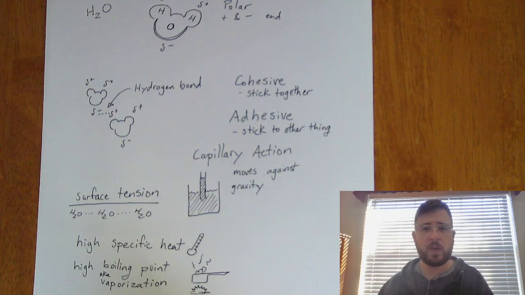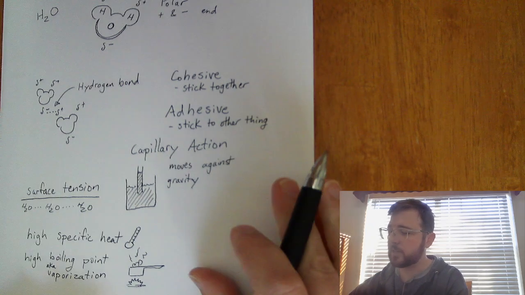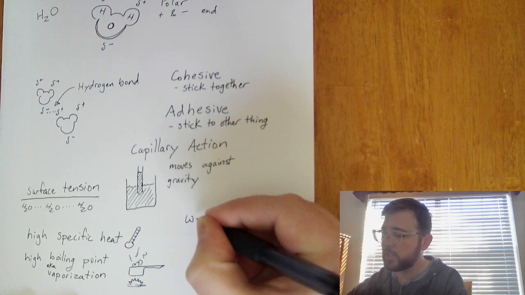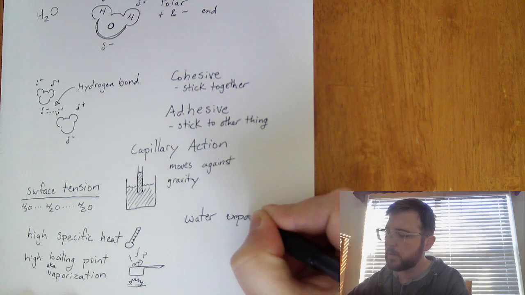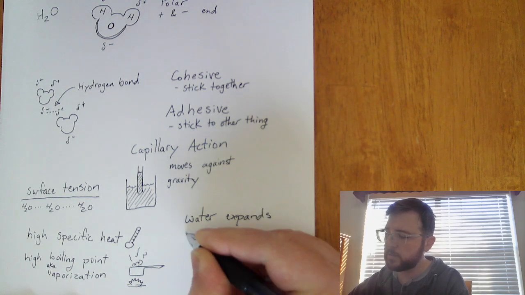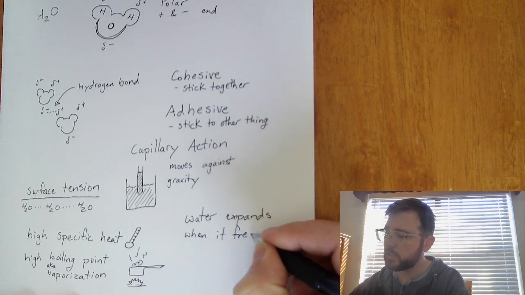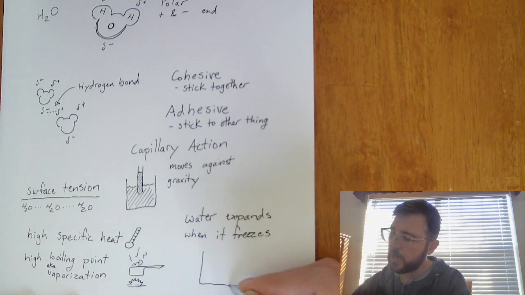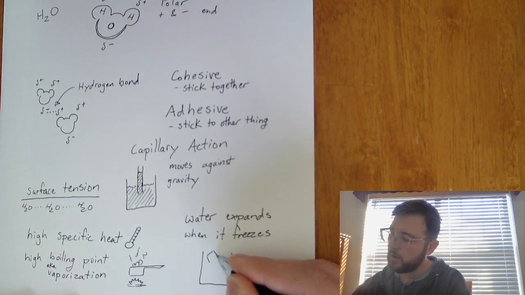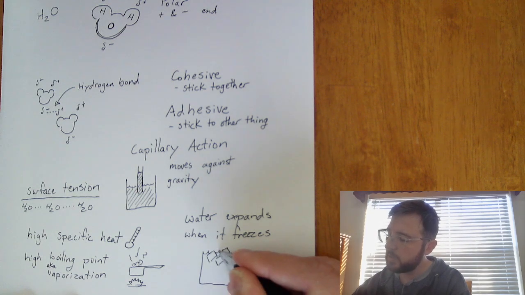There's one more thing we have to talk about, and that is that water expands when it freezes. So if you've ever had a glass of ice water, you'll notice that the ice cubes are at the top of the water.